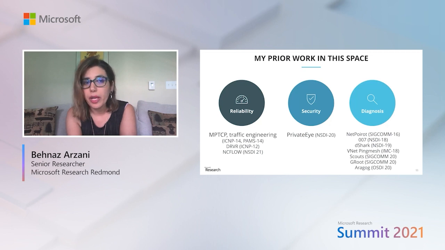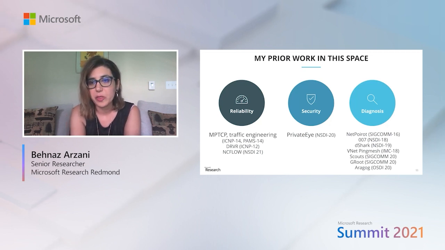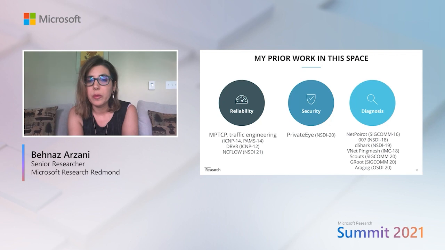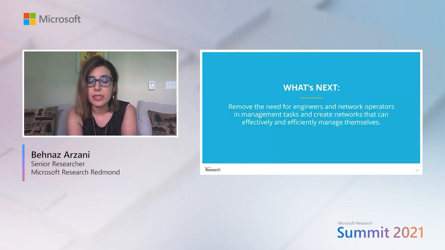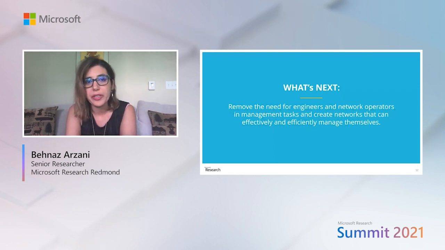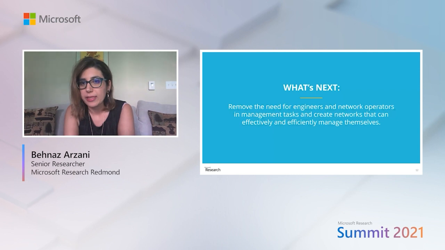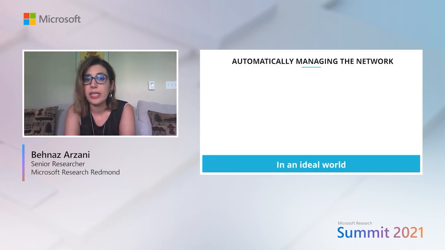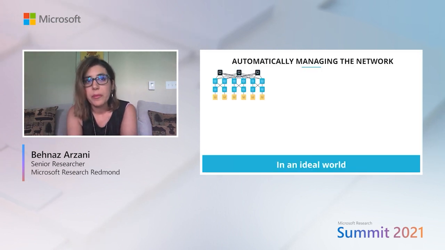And so in my prior work, I've dealt with different aspects of this problem, and the work has been published in various different conferences. But what I would like to talk about today is what's next and where we're going. And where we're going in our research at Microsoft Research is trying to remove the need for engineers and network operators when they're doing management tasks and create networks that can effectively and efficiently manage themselves.